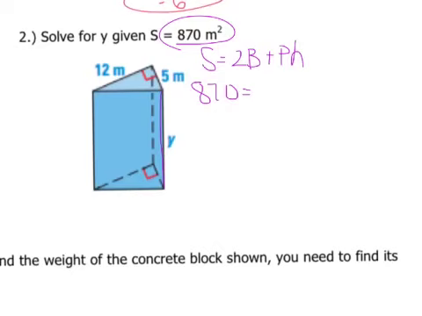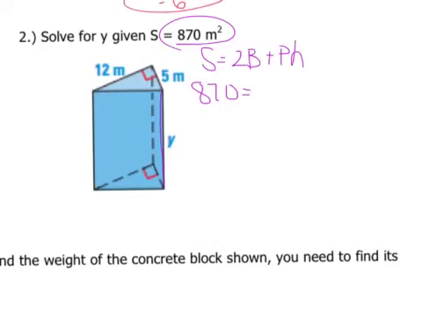What are some other things that we know or that we could find to fill in that formula? The base. What do you mean the base? Can't you just put 2 and then in parentheses the 12? No. What does the capital B mean? Area of the base. That capital B means something specific.